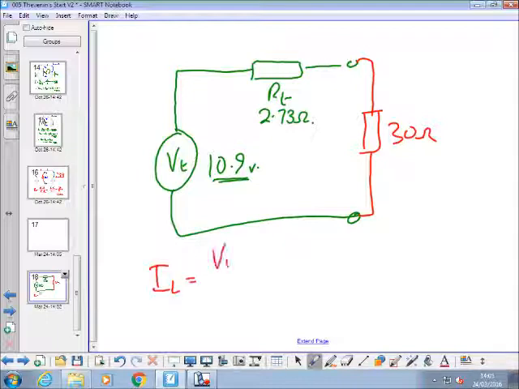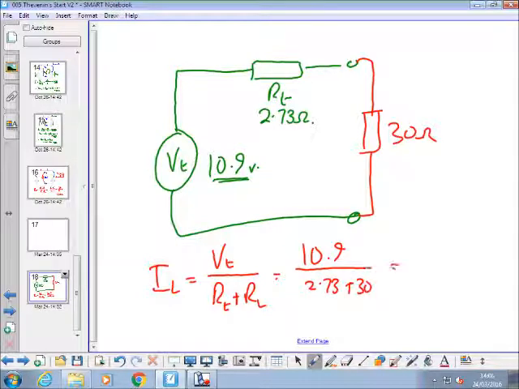Okay, and then it's quite simple to calculate IL, because it is V Thevenin over R Thevenin plus RL. That's 10.9 divided by 2.73 plus 30 equals.